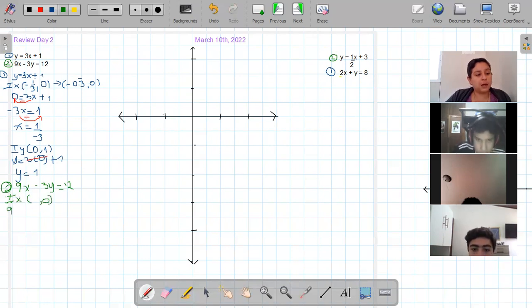So we have 9x minus 3 times 0, y 0, equals 12. 3 times 0 is 0. So I got that 9x is equal to 12. 9 is multiplying, passes to the other side, dividing. So we have that x is equal to 12 over 9.